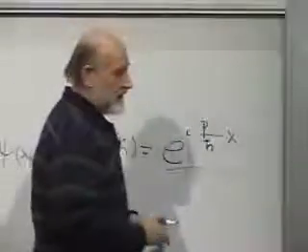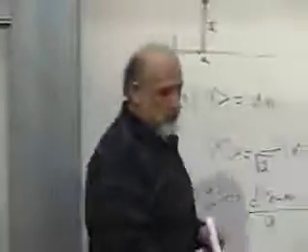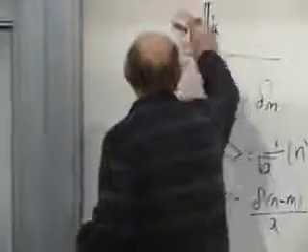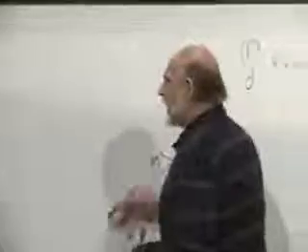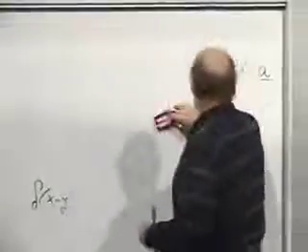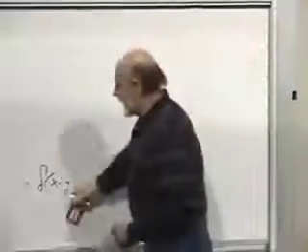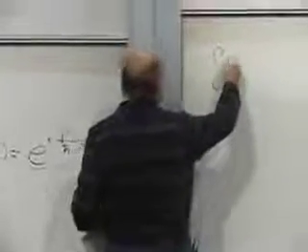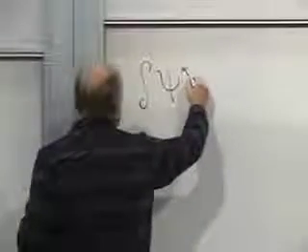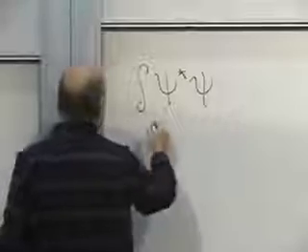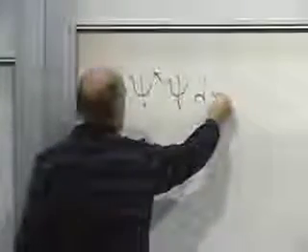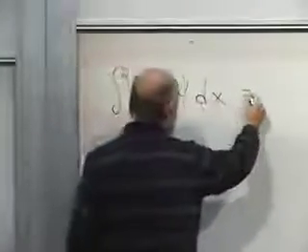Okay, let's be careful now. We're doing particle on a circle. Let's consider the inner product of this wave function with itself. Let's normalize it. That means let's multiply it by a constant so that the integral of psi star psi dx is equal to 1.